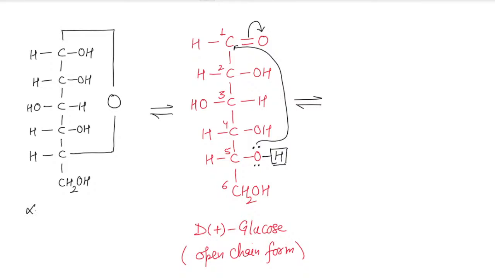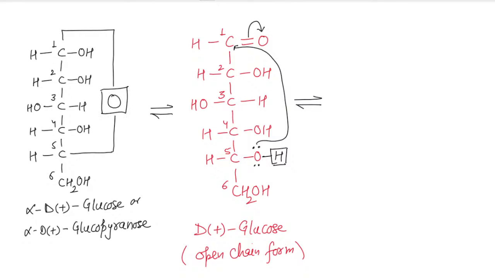this is called alpha D plus glucose, or it is also called alpha D plus glucopyranose, because see 1, 2, 3, 4, 5 and oxygen is sixth.